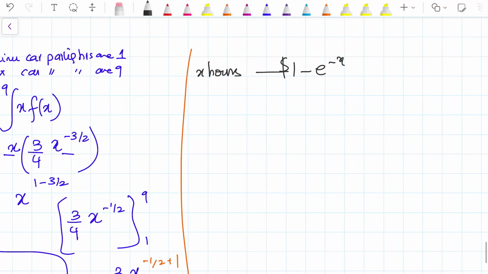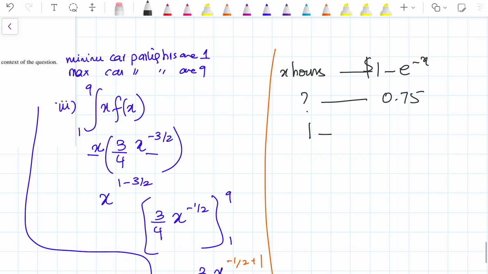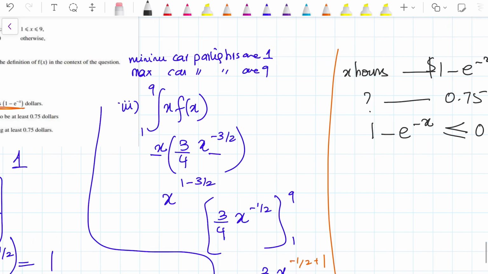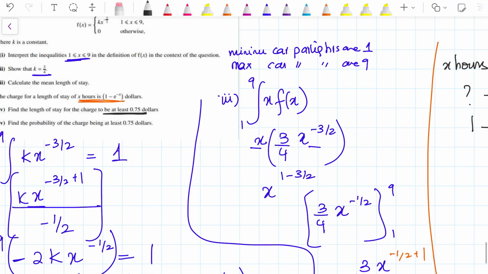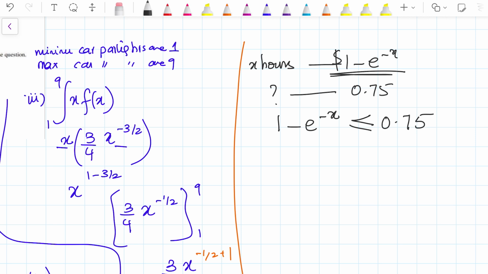If you have $0.75, how many hours are you staying? The charge should be at least 0.75. These are the charges. So for these charges, the charges should be less than 1 minus 0.75.